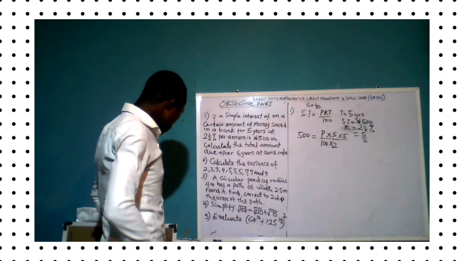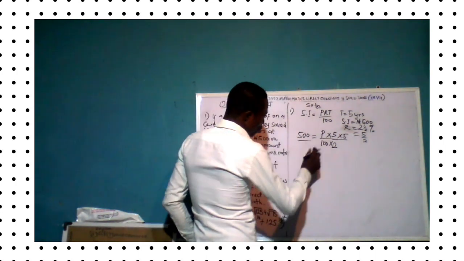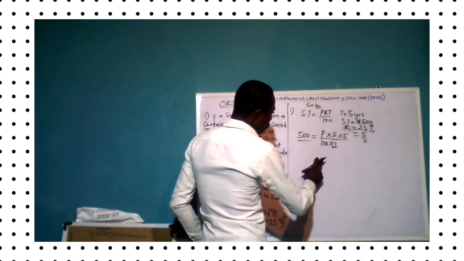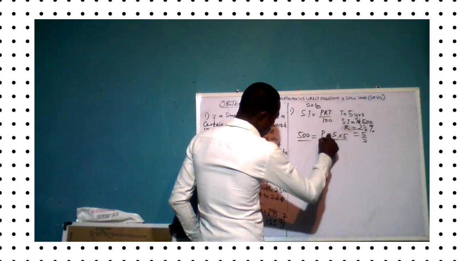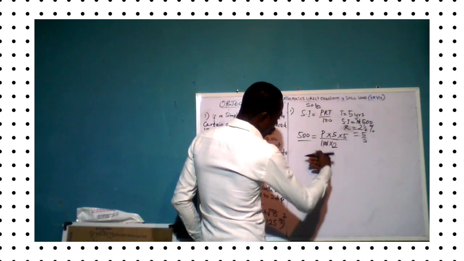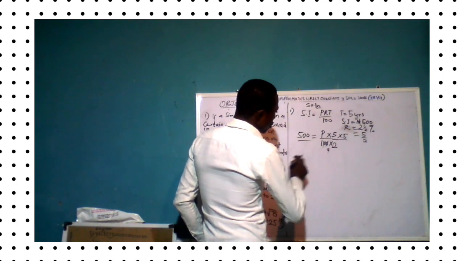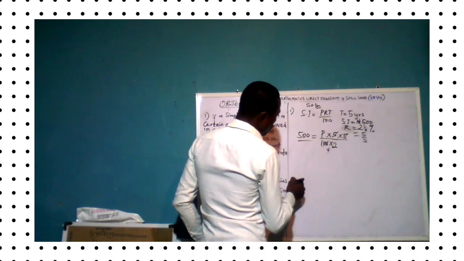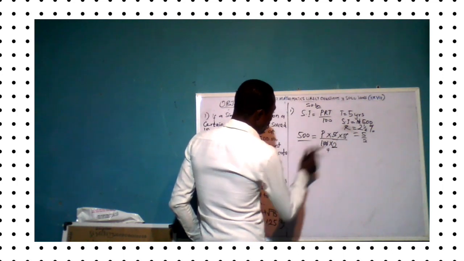Now the next thing is to make P the subject of formula, and to do that 5 times 5, that will be 25. And from here this 25 can go in 100 4 times. So if we cancel out, you have 2 times 4, that is 8.